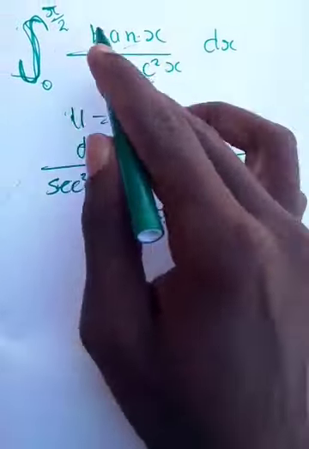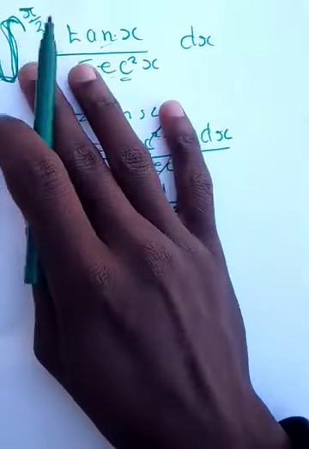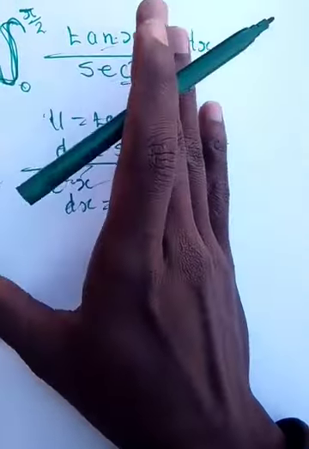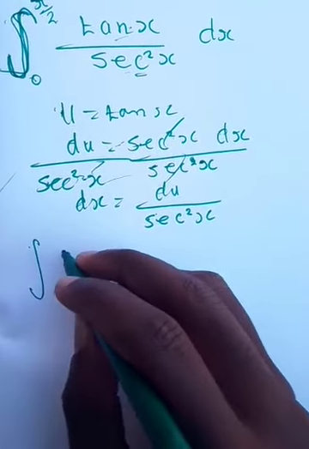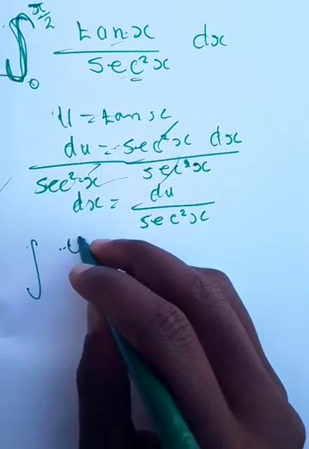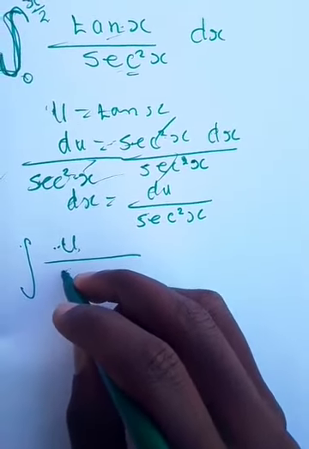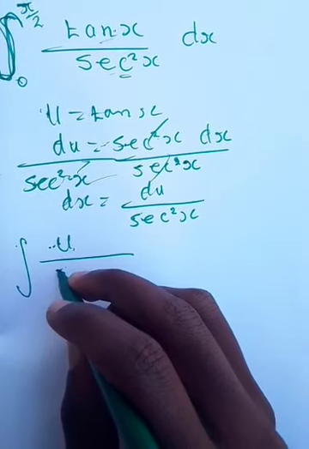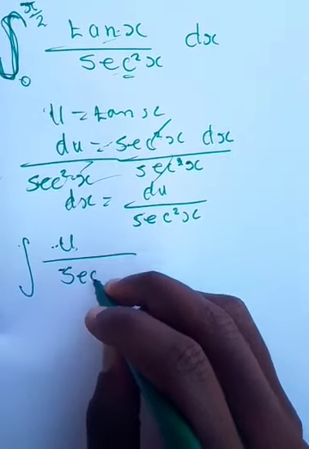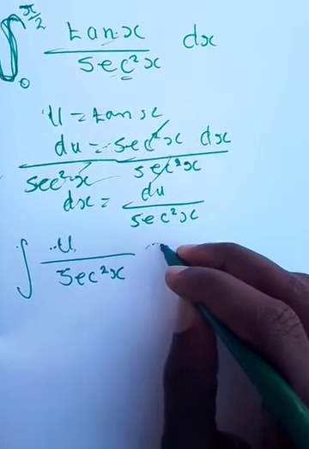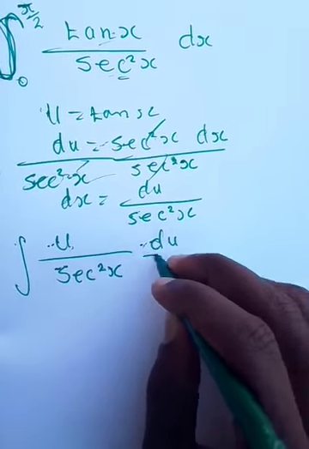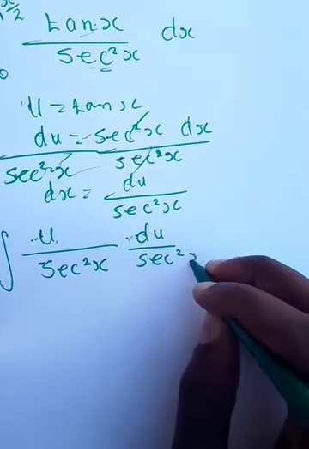We would write this. So this is actually a definite integral, so we begin by integrating. Where this is tan, I'll put u. Where this is sec squared x, I'll just write it the way it is, I won't substitute it with anything. Then where this is dx, I'm putting there times du over sec squared x.